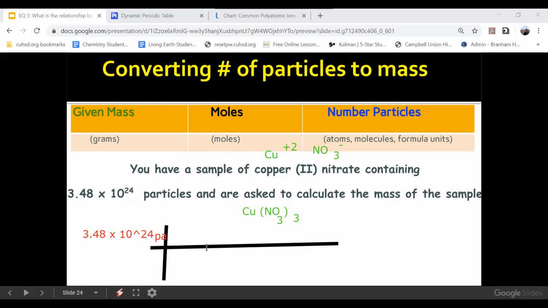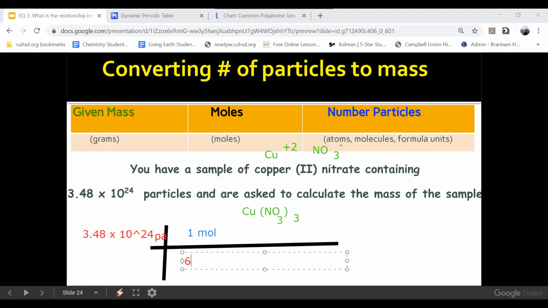And we can keep it there. So we have our particles. We want to get rid of particles, so we do know that 1 mole, let's make mole a different color, let's make this nice and blue, 1 mole is equal to those particles.